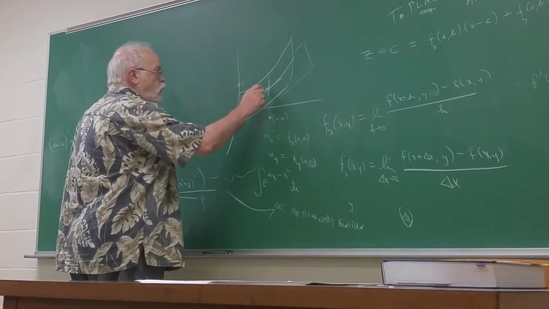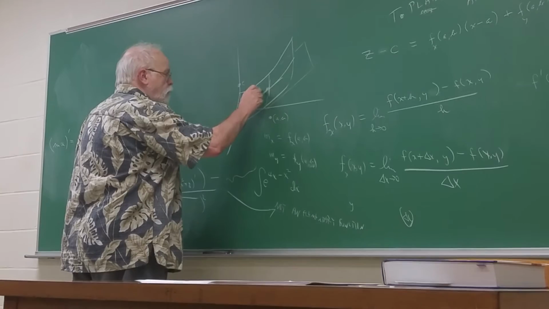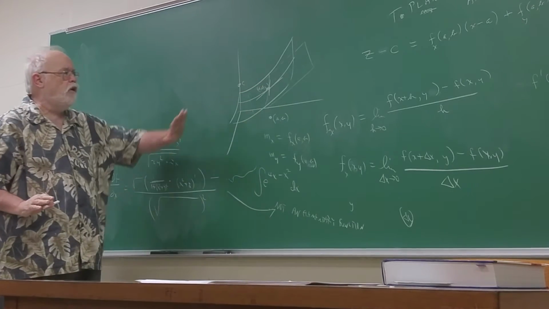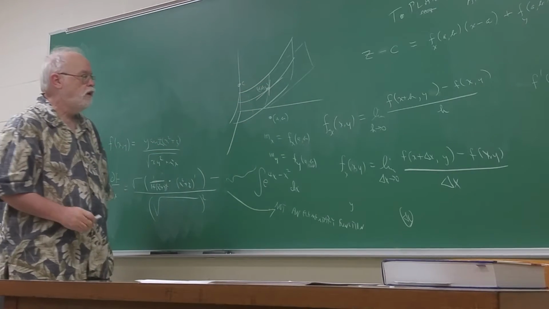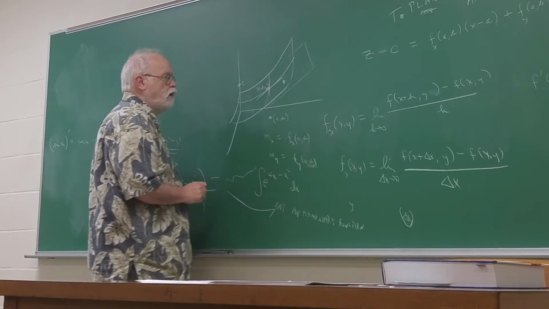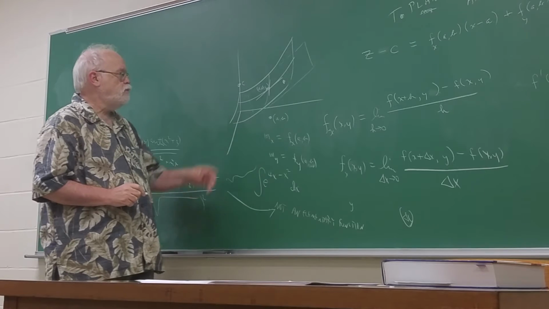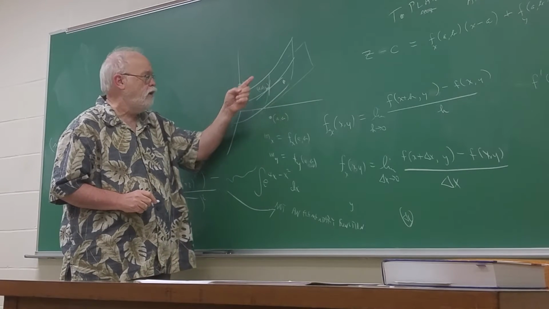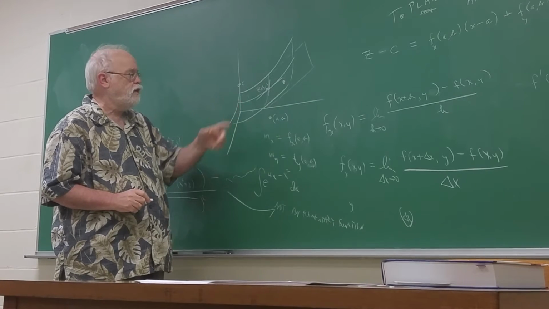So I've got my point A, B, C right here. And let's just move out along the surface. Let's move right there. And you might say, wait, aren't you supposed to go along either this curve parallel to the YZ plane or this curve parallel to the XZ plane?